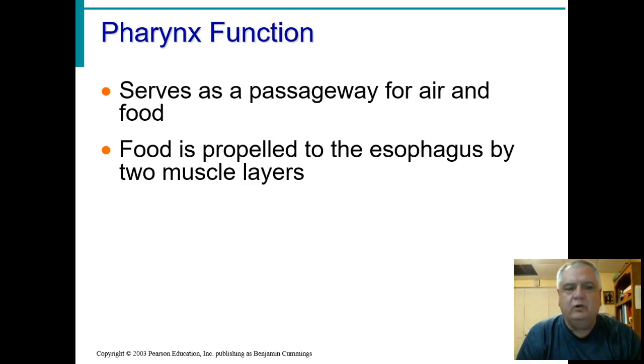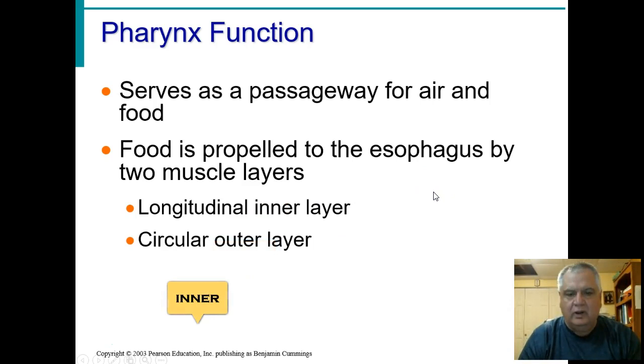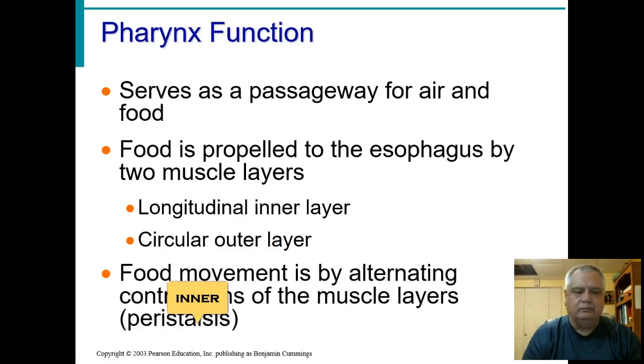So when food enters the pharynx, it is then propelled to the esophagus by 2 muscle layers. There is, and this is kind of backwards on this slide, an outer longitudinal layer, that should say outer longitudinal layer, and there is an inner circular layer of smooth muscle tissue.